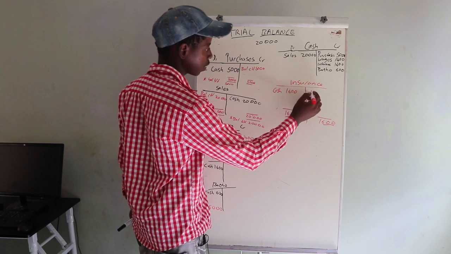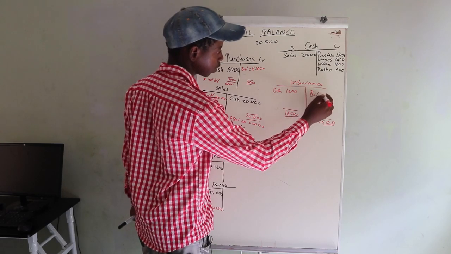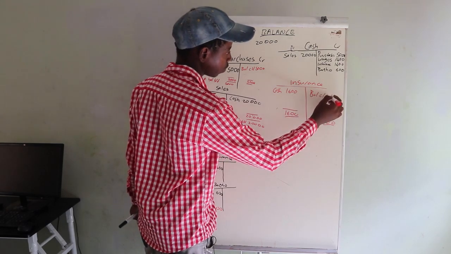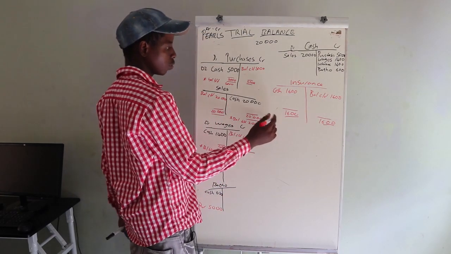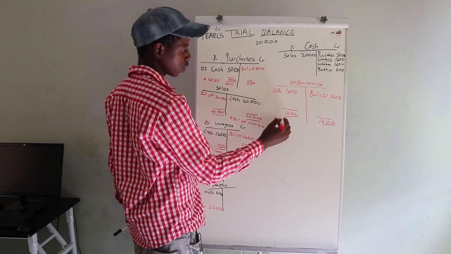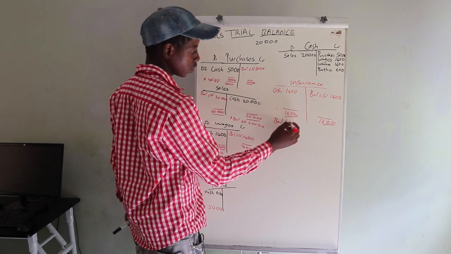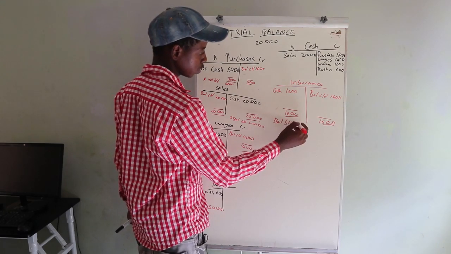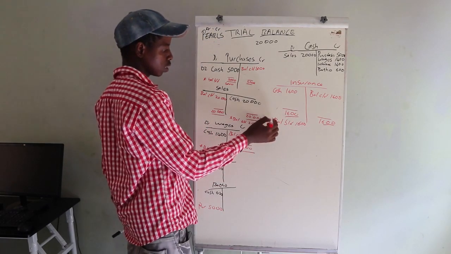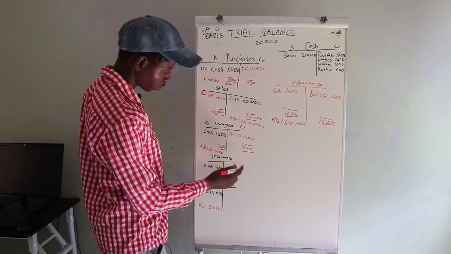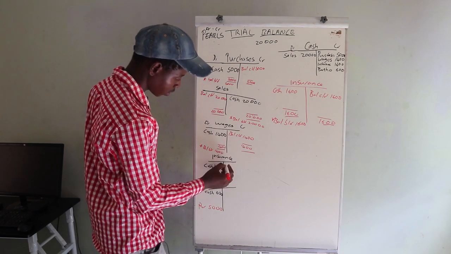Then we write here as balance carried down 1.6. Since balance carried down is here, we know balance brought down comes here as 1.6. We take this to the trial balance, so we're going to write that information here.